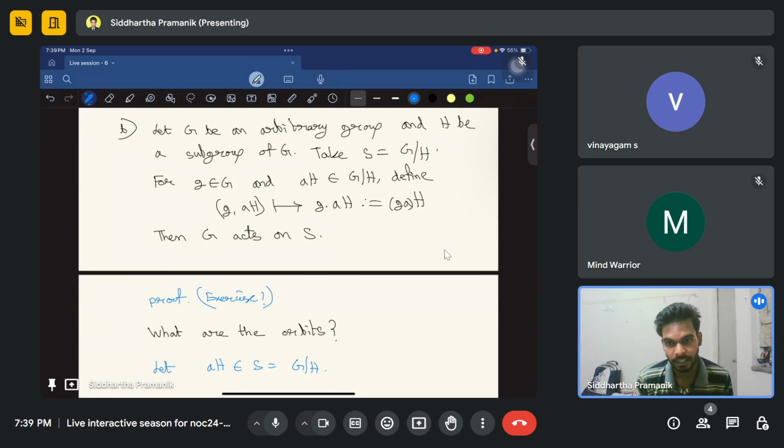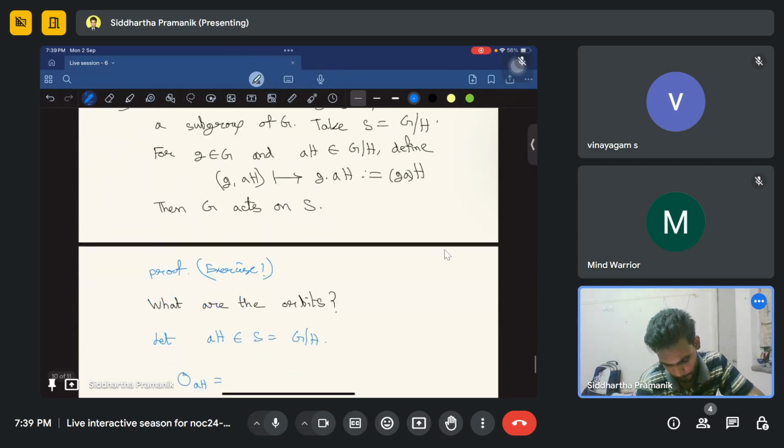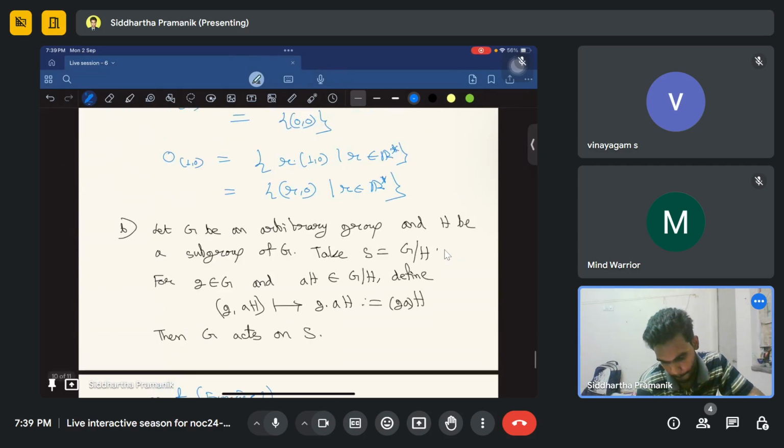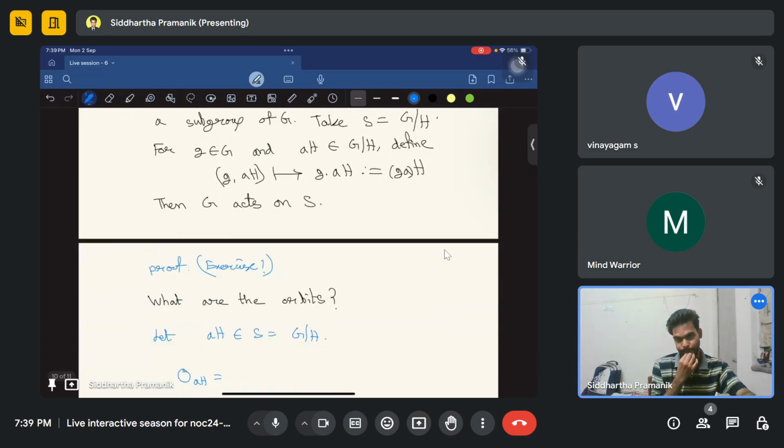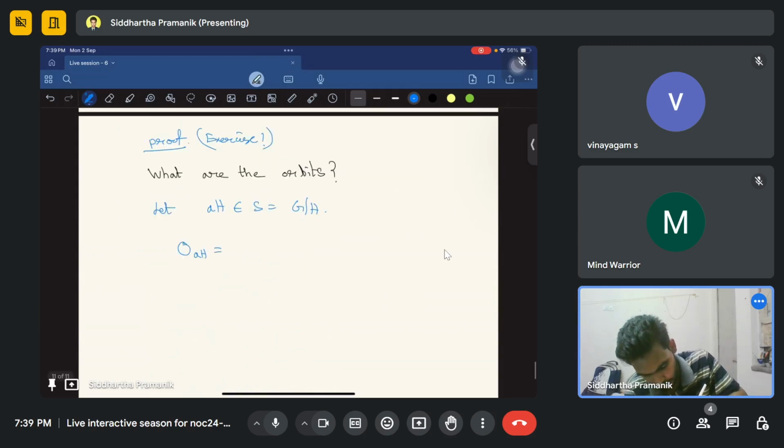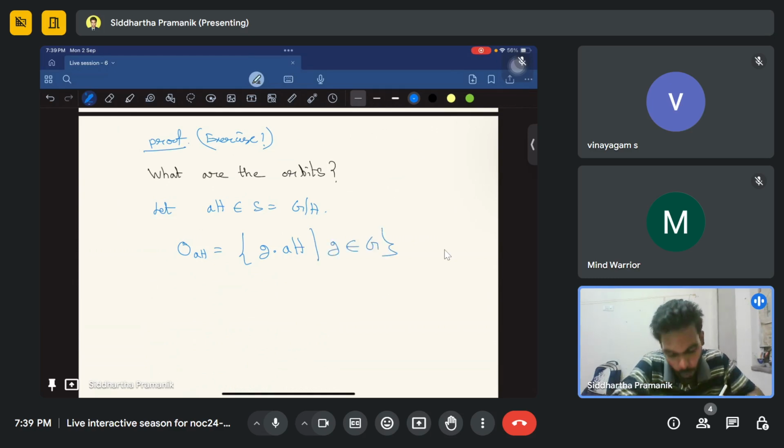Try to see by the definition. So what is the definition? It is g dot aH, where g varies over all elements of the group. So what is this set?